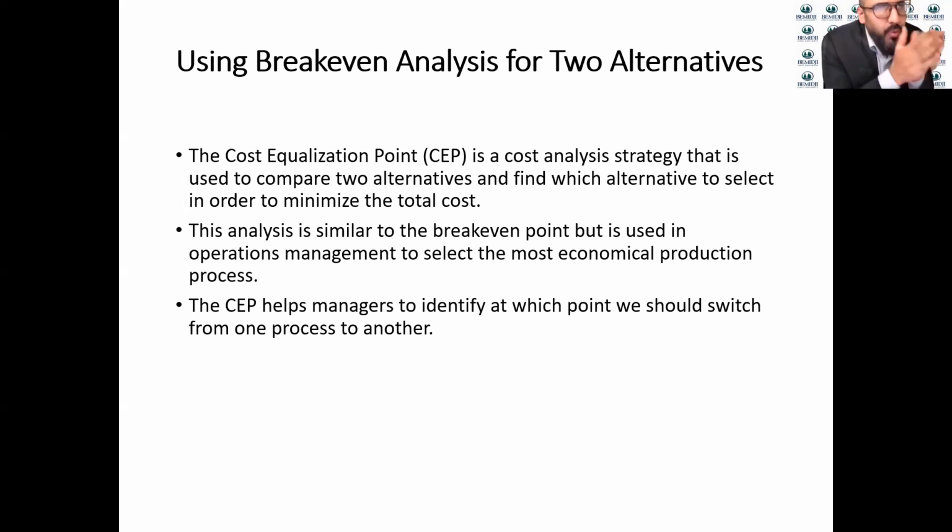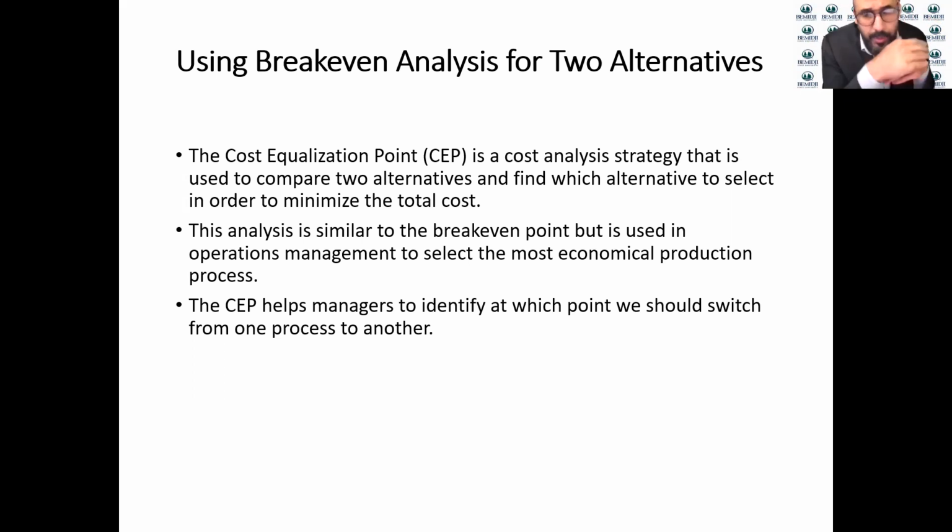Now, there's another thing: we could find the break-even point between two alternatives. Sometimes we're not sure which machine we should use. We have two machines available in this factory, but we're not sure which one to use. Well, there's something called the cost equalization point, which is a cost analysis strategy used to compare two alternatives to find the best alternative to select.